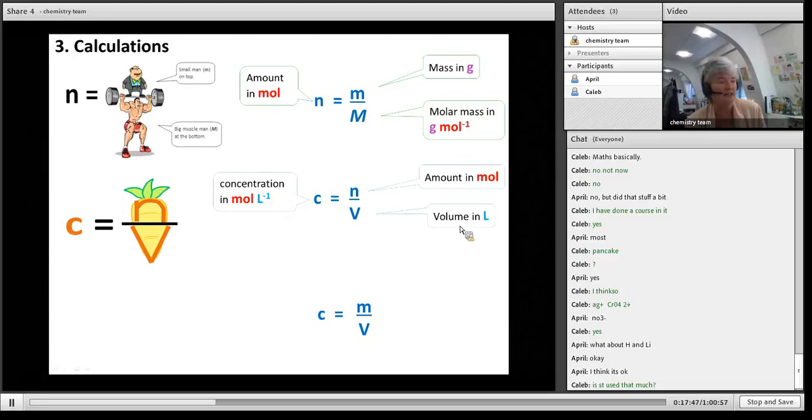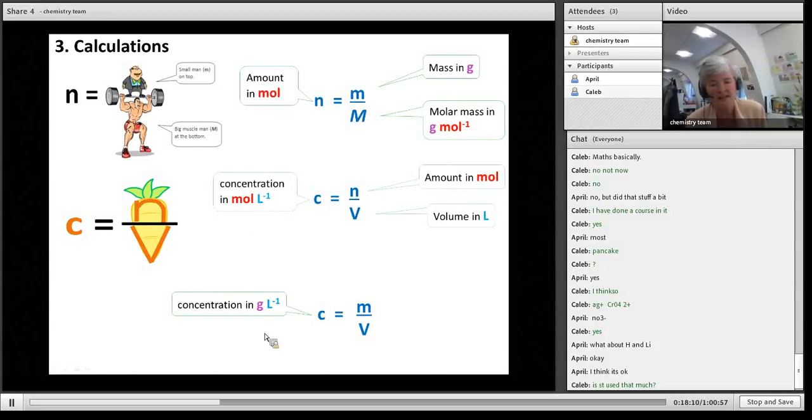Volume is given in liters. And also what you will get at level 3, what you could get, is where you do the concentration, but not in moles per liter, but in grams per liter. So this is a mass concentration rather than the normal concentration. So they would have to spell it out.